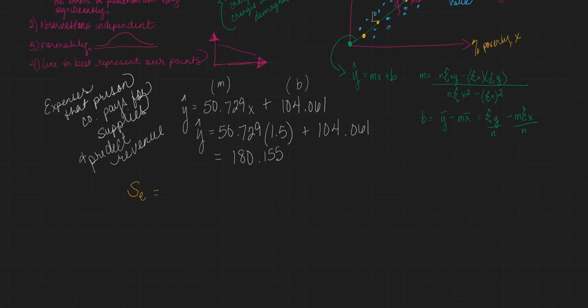And the equation for that should kind of look familiar. It's the square root of the sum of all y sub i minus y bar i squared, divided by n minus 2.